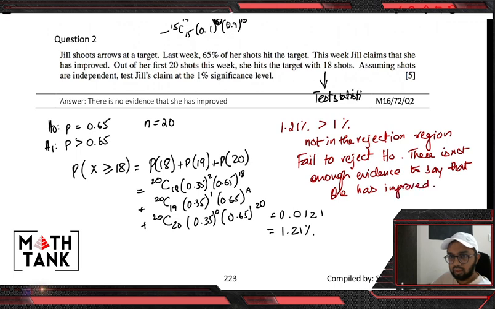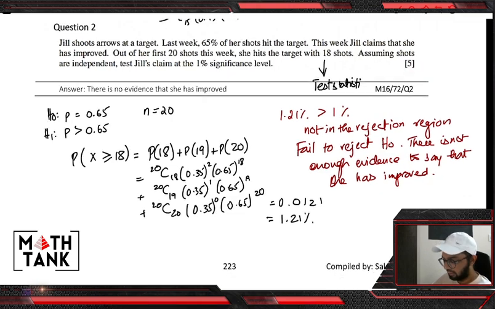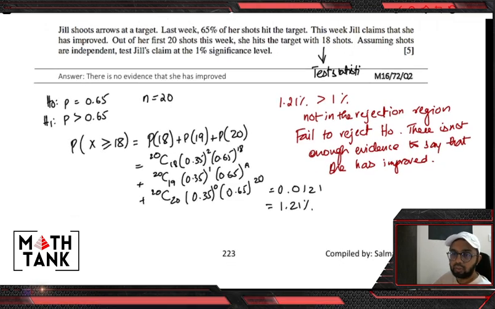And that's going to be your complete solution for these 5 marks. Remember to always write a comparison between the probability and the significance level so that you reach your conclusion.